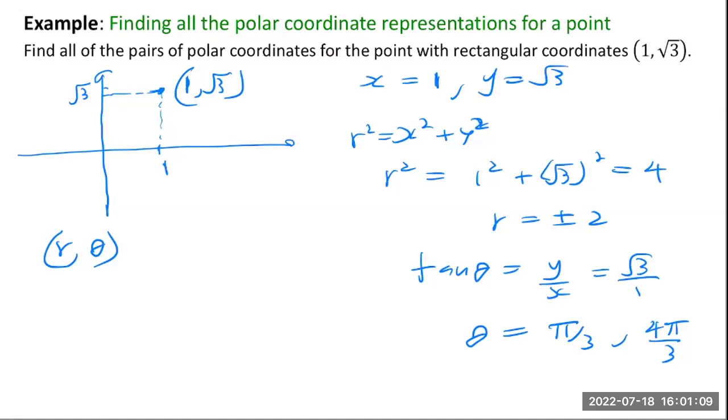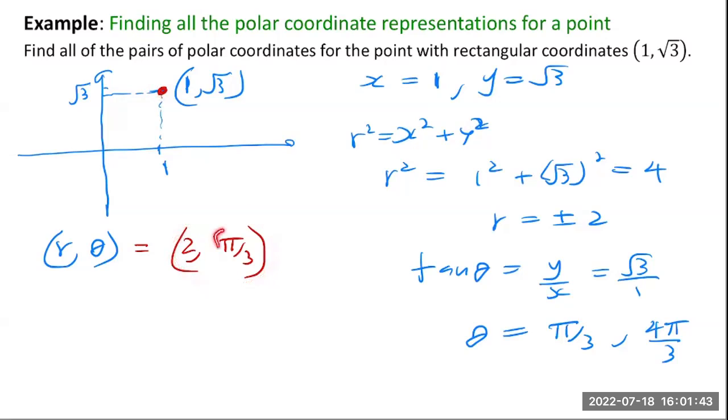Notice that one possible representation for this point in polar coordinates is plus 2 comma pi over 3. This is the angle pi over 3, and then this length is measured in the direction the angle specifies. So this point is the same as 2 comma pi over 3 in the polar plane.